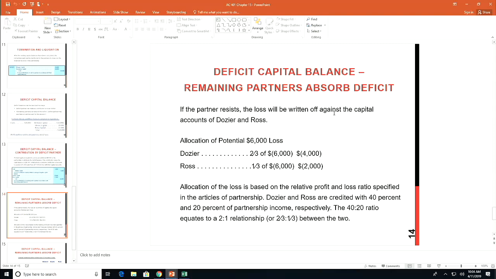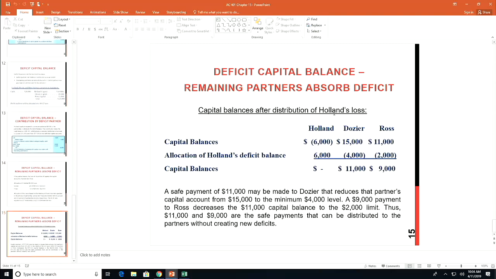We'll do a journal entry, one problem. Now, here the adjustments will look like this. These two guys are bearing $6,000, the total deficit amount. So Dozier will bear 2/3 of it. $6,000, 2/3 means how much, Christine? 4,000. So Dozier will bear 4,000 of this deficit.